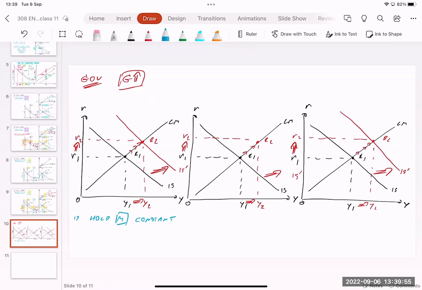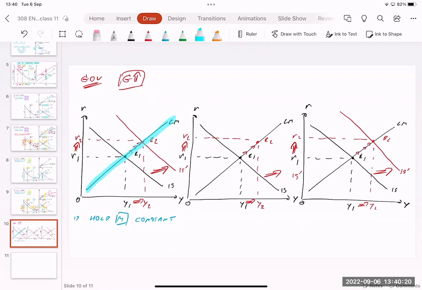The money supply is still the same, no changing. So in the money market, everything stays the same, which means the LM curve will be the same. Nothing changed. Only the IS curve shifts to the right, and only the equilibrium point moves from E1 to E2.